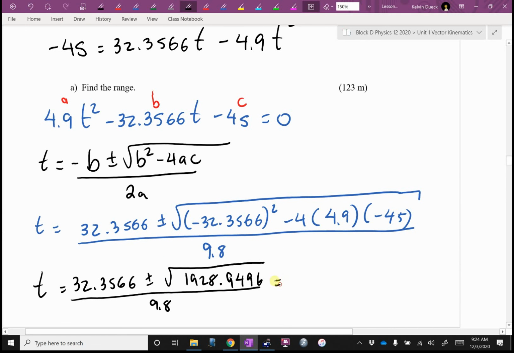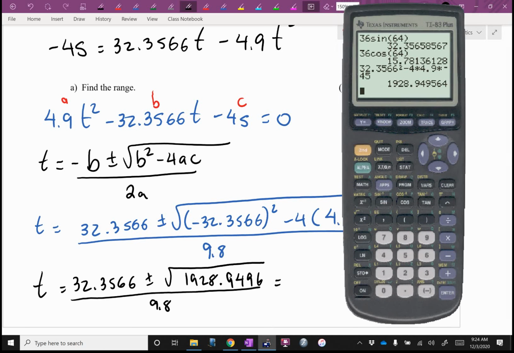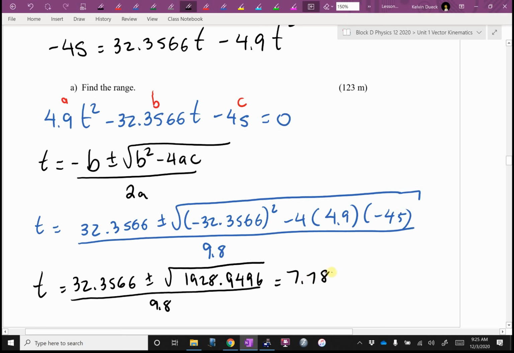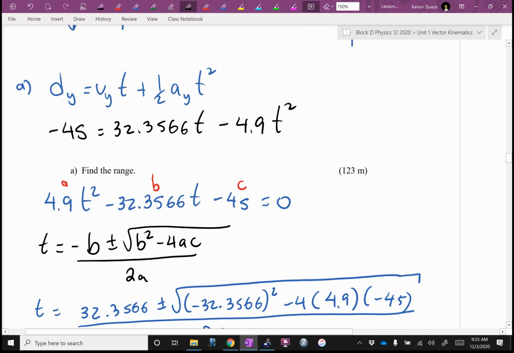I'm really running out of room here. Okay, I need more room, so let's cheat.